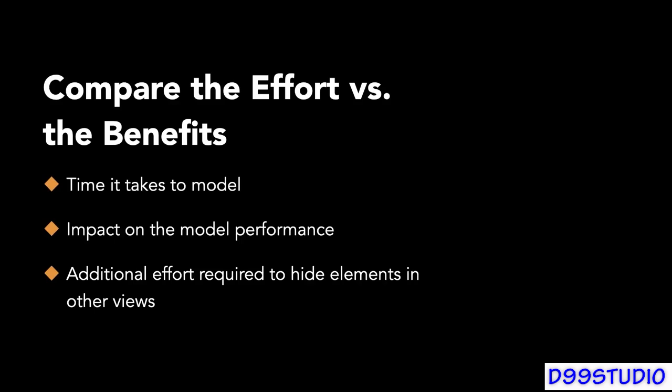In many views, you're not going to want to see all of that extra detail. So you're going to find yourself needing to hide those elements because it actually detracts from that view if it's there. And so you're spending all this extra effort to build that information into your model and then additional effort to hide it in many of the views throughout the project.